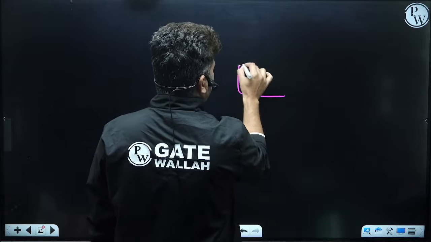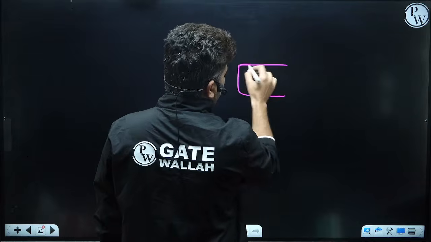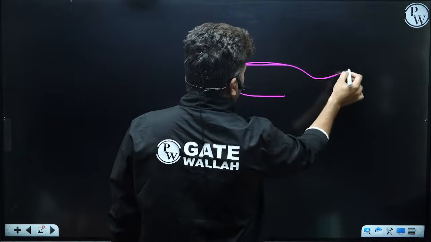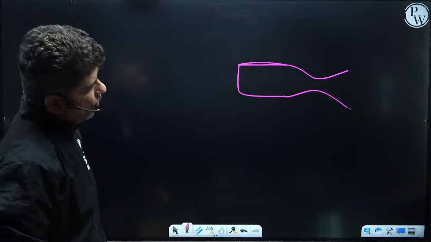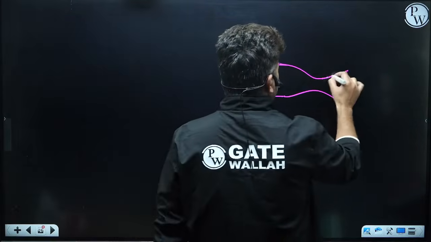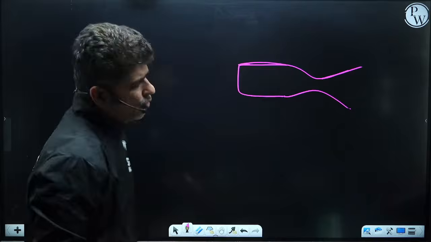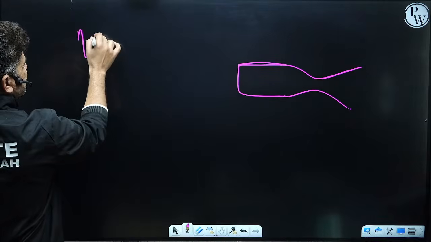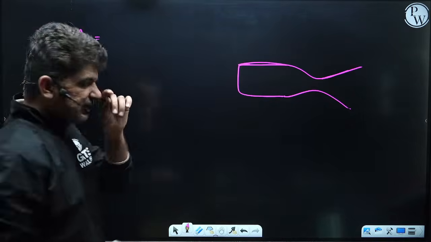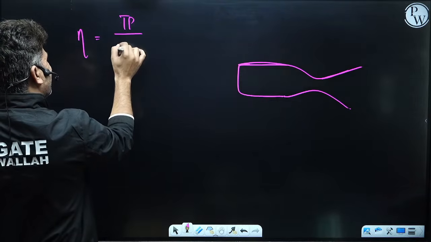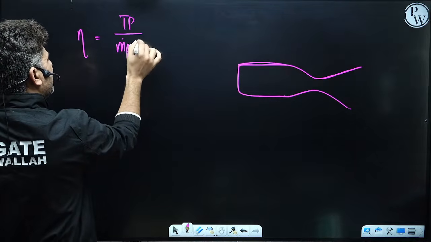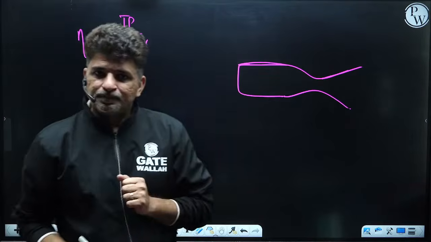There will be a chamber in which combustion is happening, and a nozzle attached to it. When we talk about the efficiency of this engine, it will be only the propulsive power or thrust power divided by the energy, that is the mass flow rate of fuel multiplied by calorific value.